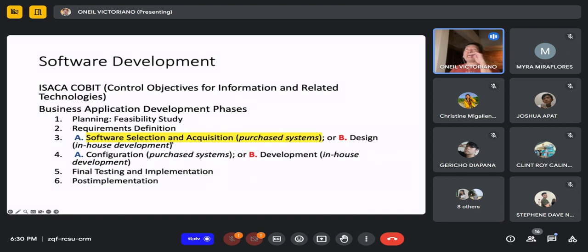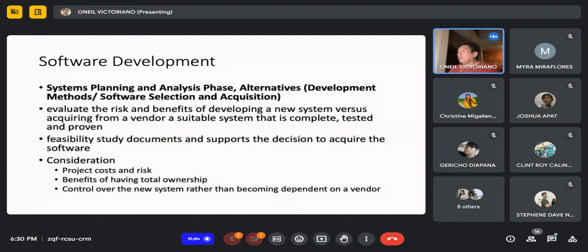Meaning you can purchase software from developers, or for example for cloud computing, you can acquire systems, not only for in-house development.